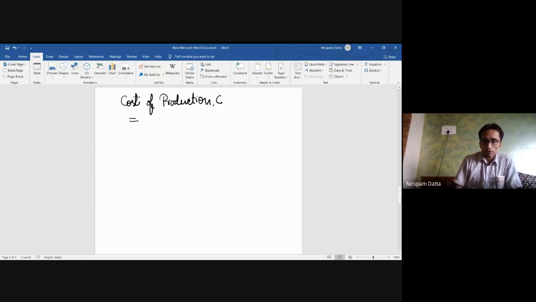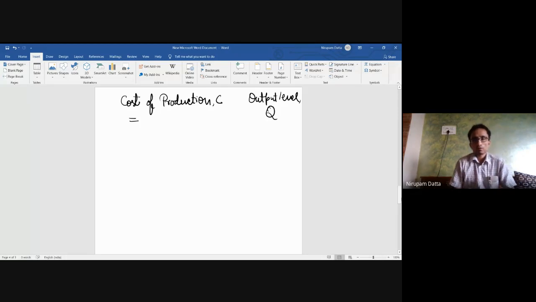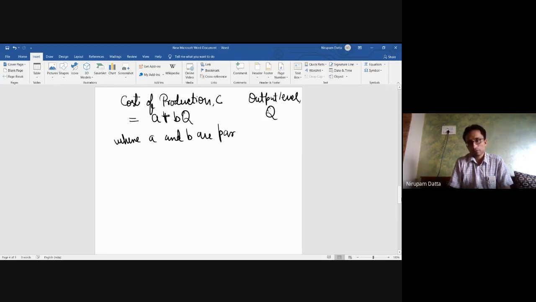So let us consider the output level as a variable Q. It can be written as something like A plus BQ, where A and B are parameters, as explained.